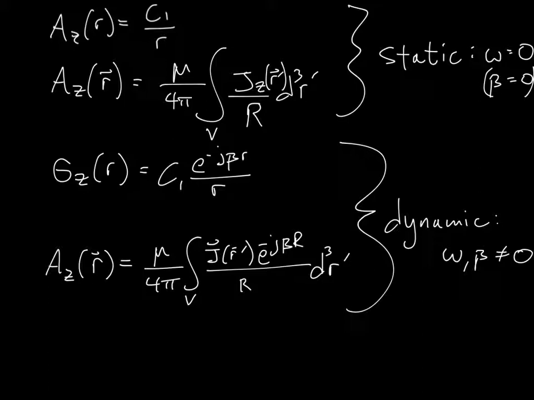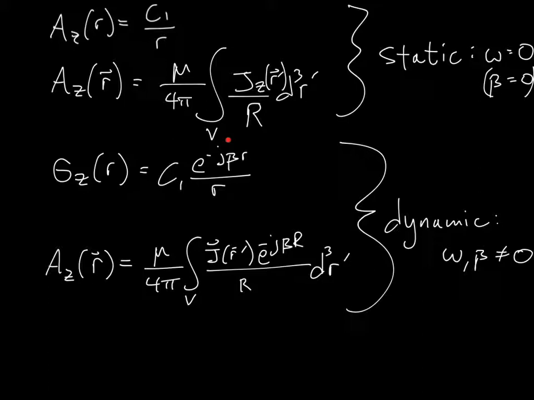Don't get confused by the fact that we have this green function here by itself and all the rest are the actual vector potential. We use the green function as a solution to the more complex Helmholtz equation for the dynamic system. And for the static system, it wasn't necessary to find the green function, so we just used the vector potential itself.